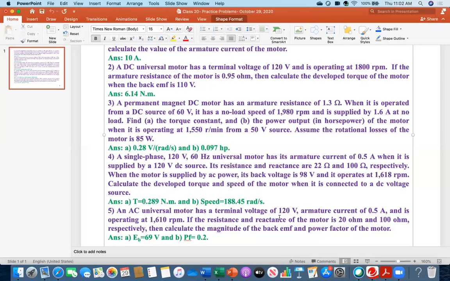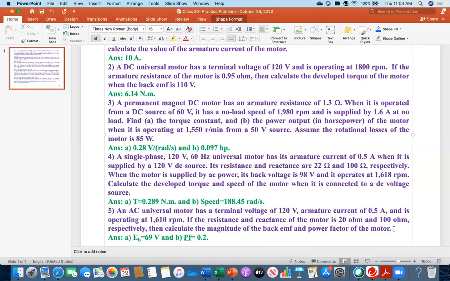So Patrick, did you get the same back voltage and power factor? I get the same back voltage. I'm still working on power factor. Okay. So what you can do is calculate the impedance, 20 plus J100, and convert it into polar form, and take the cosine of the angle you get.